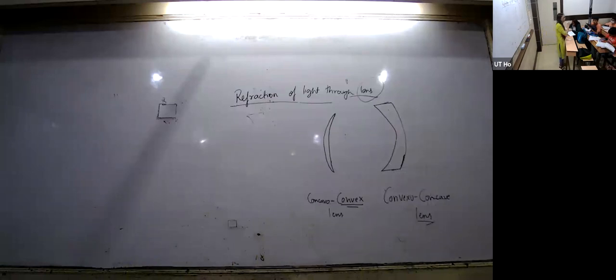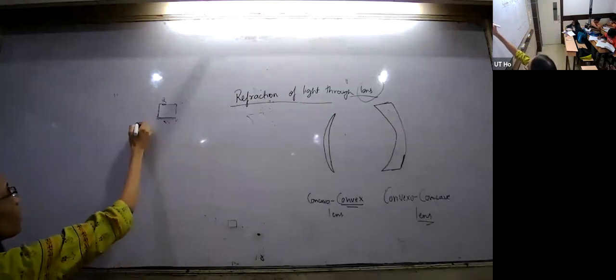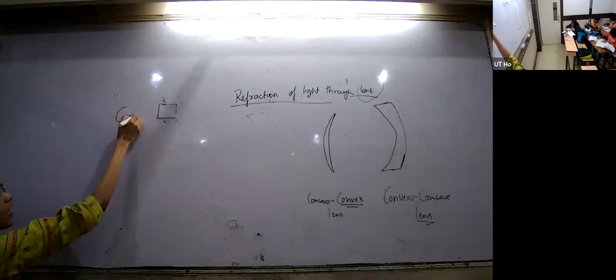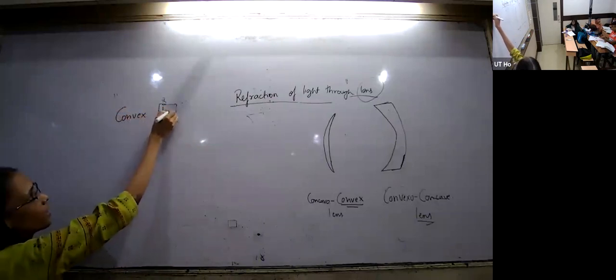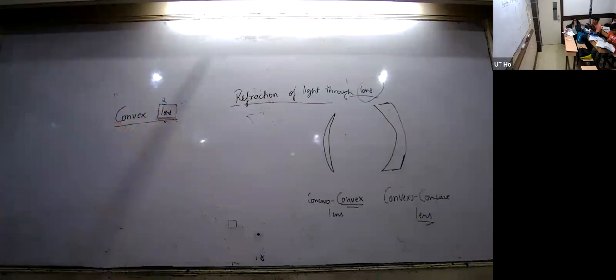Now, the important thing with respect to lenses is that we will stick to one lens, which is the convex lens, and whenever convex lens is said, by default it is understood that we are talking about biconvex lens.